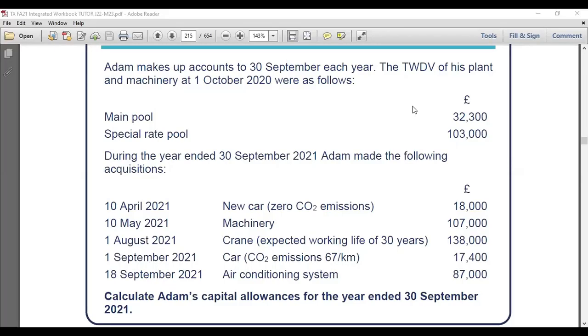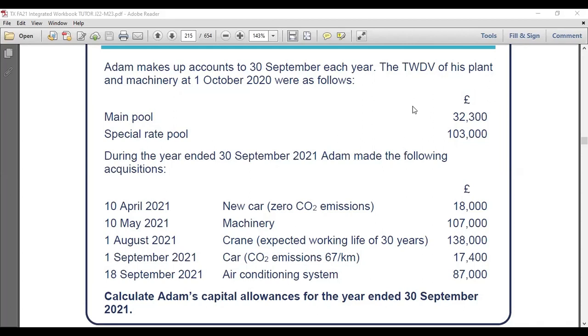It says Adam makes up accounts for 30th September each year. The tax written down value of his plant and machinery on 1st October was as follows: main pool, special rate pool. During the year to 30th September, the following acquisitions were made. A new car with zero CO2 emission, and machinery, 107,000, and a crane, 138,000.